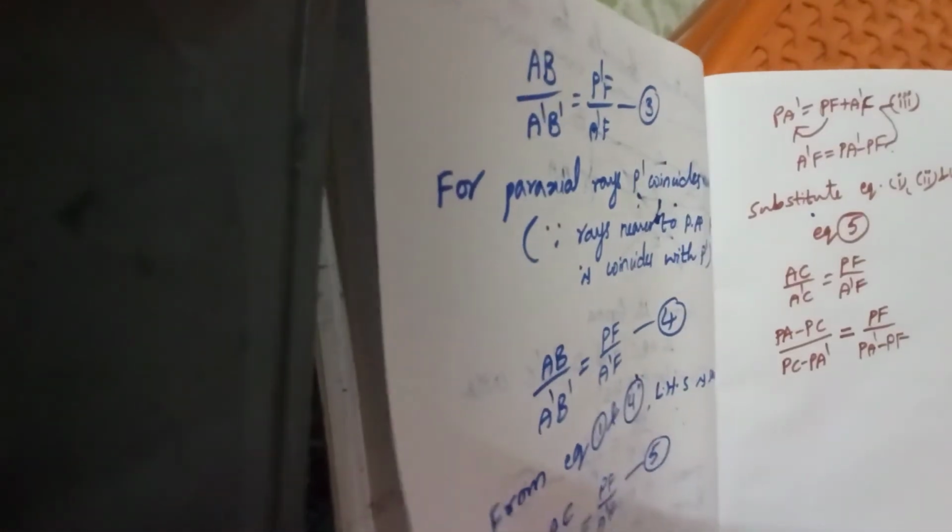So here we know that from the figure, again we need to observe the figure. PA. So here PA is equal to what? Object distance U. And one more thing, where is the image? PA dash.